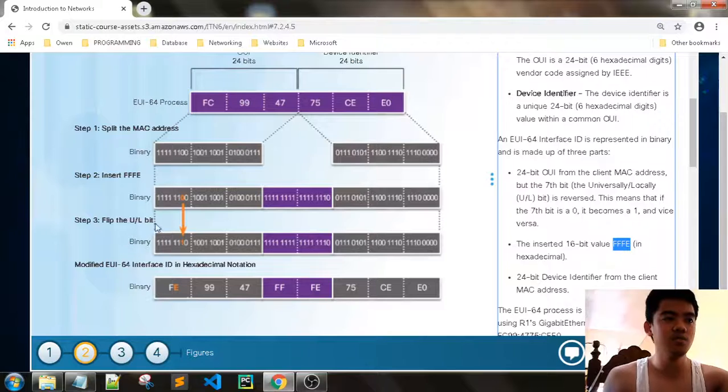Then flip the U/L bit. The 7th bit, for example if we have 0, it will become 1, or 1 will become 0. So we just interchange it. That's it.